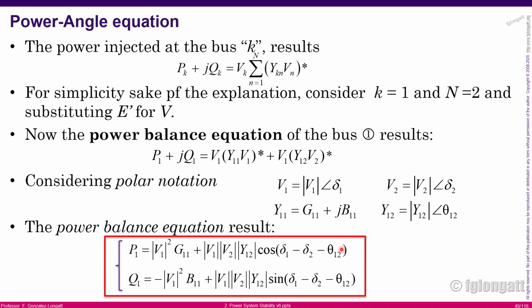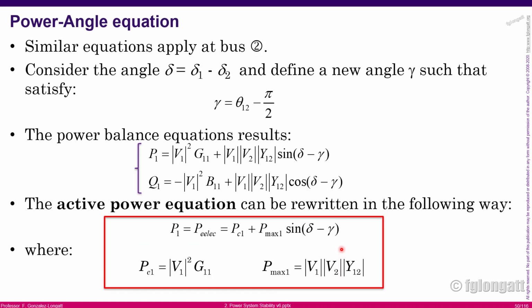One simplification that we can do over here is saying that the angle between the bus bar 1 and 2 can be defined like we can create a new angle delta that is defined like the difference between the angle 1 and 2. We did something similar a few slides ago.